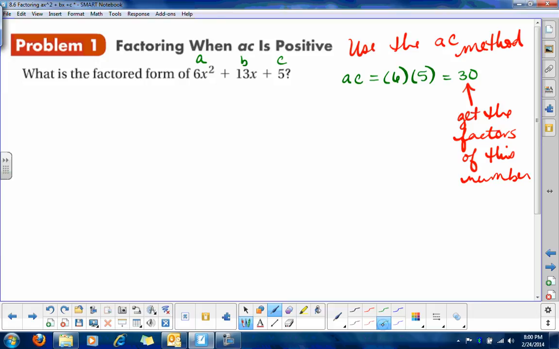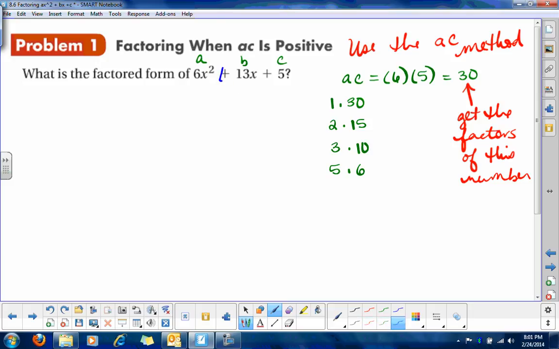So the factors of 30, well, of course, we've got 1 times 30, 2 times 15, 3 times 10, and 5 times 6. Now, if you look at those factors, when you add them up, you want to make sure that you can get that middle term.